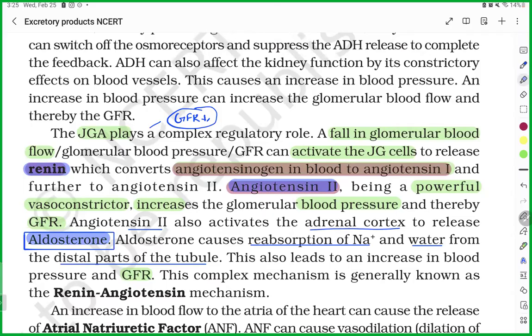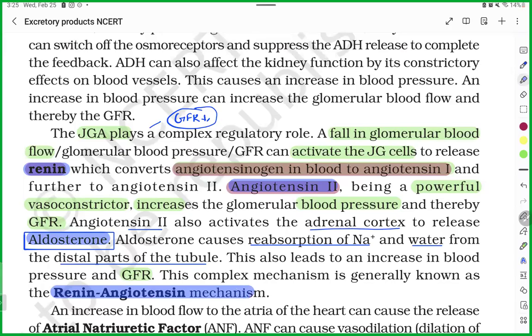In the simplest layman terms, if the body is not producing urine properly, then it will help in the release of the GFR. It means if a patient has a urination problem, then the doctor will suggest either renin or aldosterone or angiotensin. And that's why this mechanism is known as the RAS mechanism.